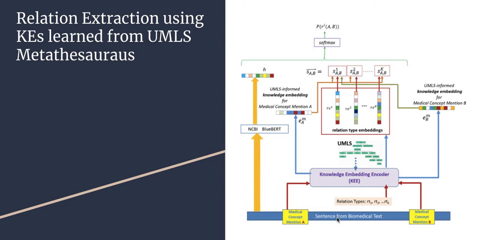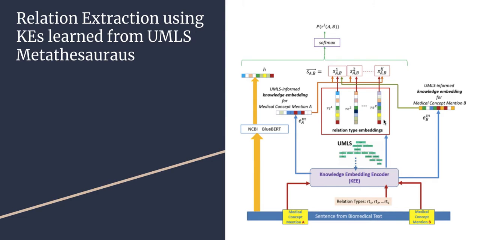Whenever there is a sentence from the biomedical text and the relation types, it is fed into the knowledge embedding encoder, which takes the help from the UMLS to get the embeddings EA, EB, and all the relation embeddings.